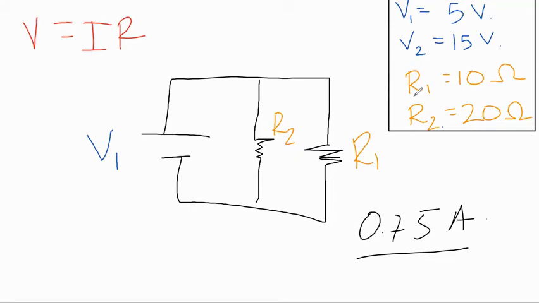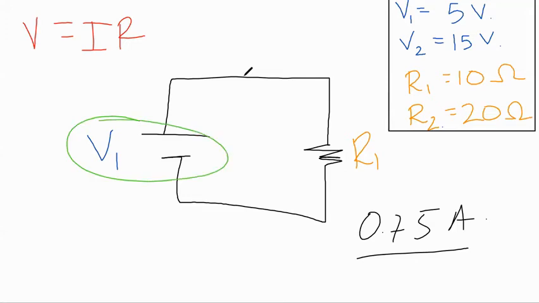So if this was just a single circuit, we would be able to just say that the total potential difference is the same as the voltage drop which happens at this one resistor right here. So the voltage drop is the same overall.